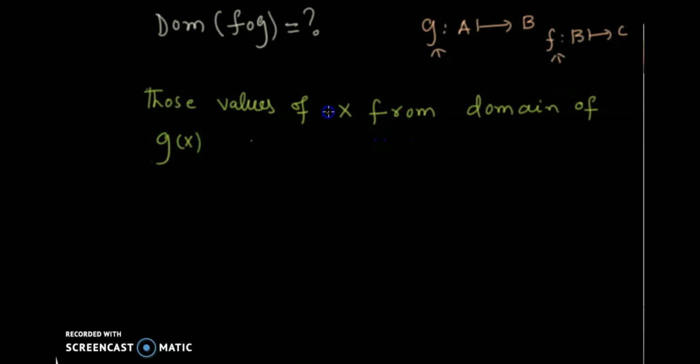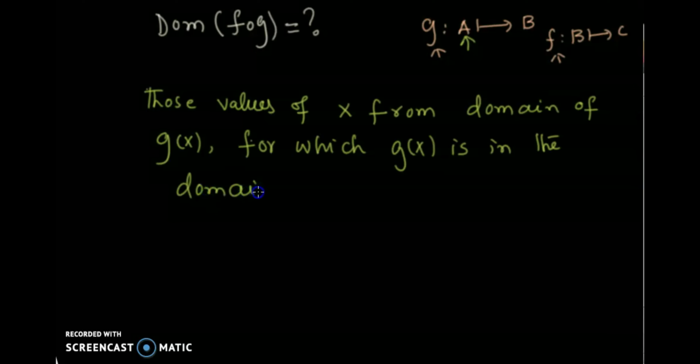So you will take those values from a, or the domain of g, for which g of x is in the domain of f of x. So that's really tricky into the words. You will find those x values for which g of x is in the domain of f of x.